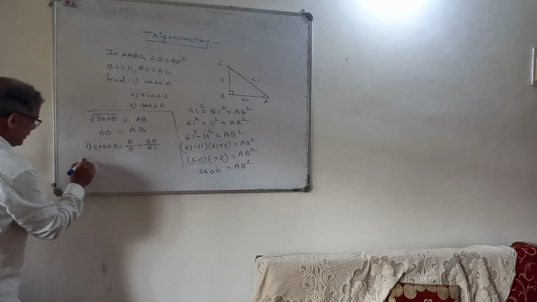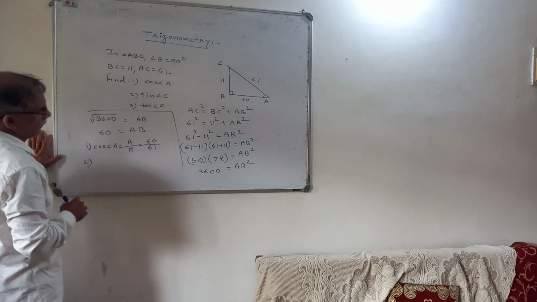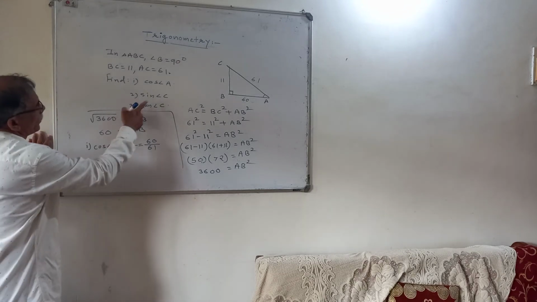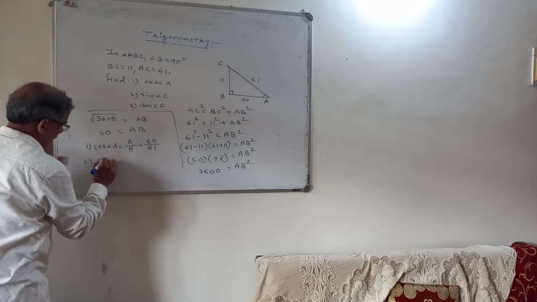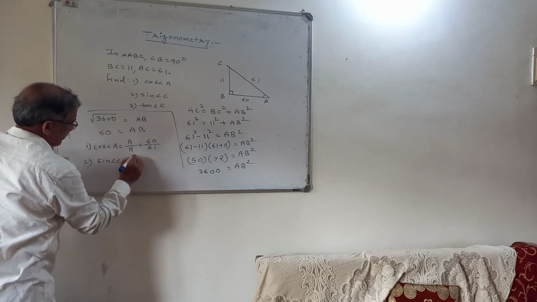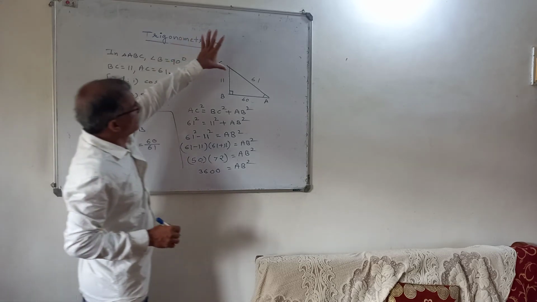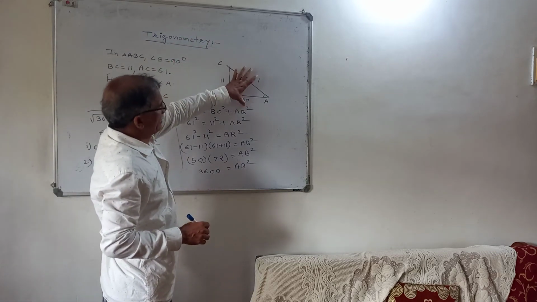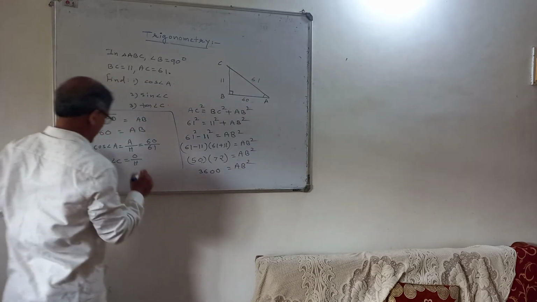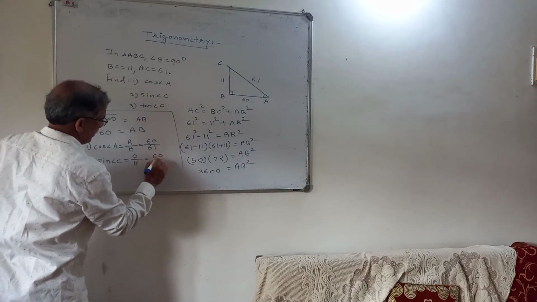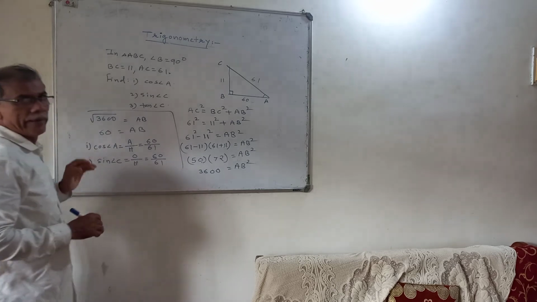Okay, then second, we want to write sin of angle C. Sin means opposite upon hypotenuse. Now where is angle C? Here is angle C, whose opposite is 60, upon hypotenuse 61. So that is 60 upon 61.